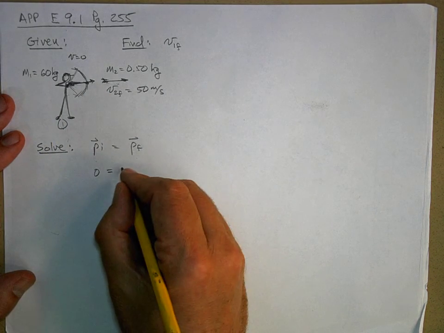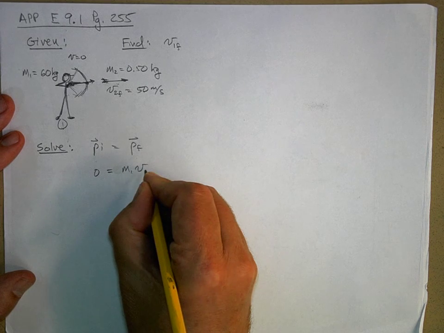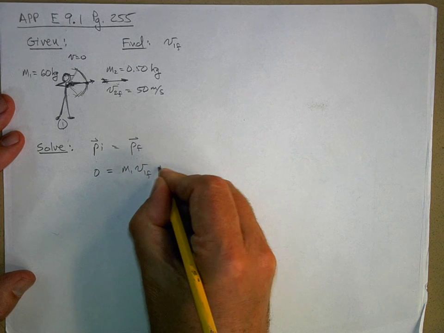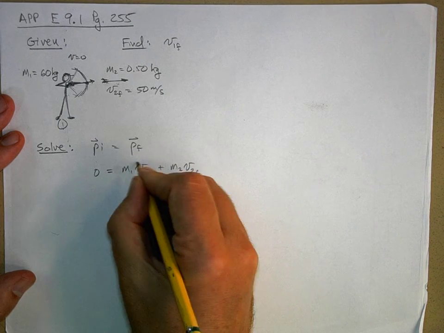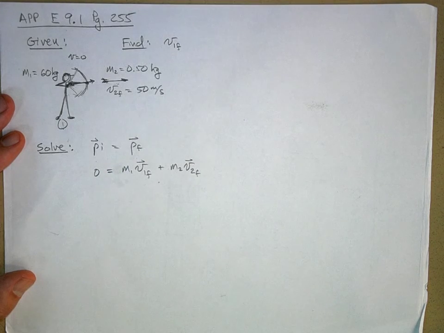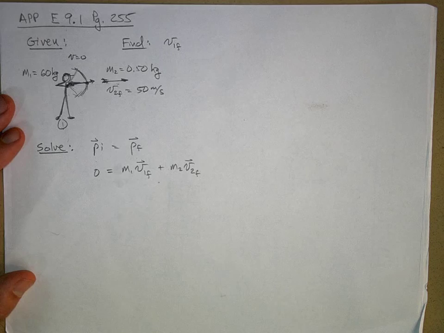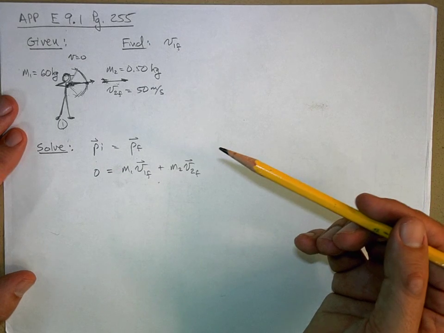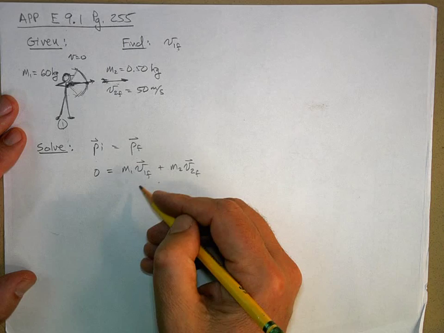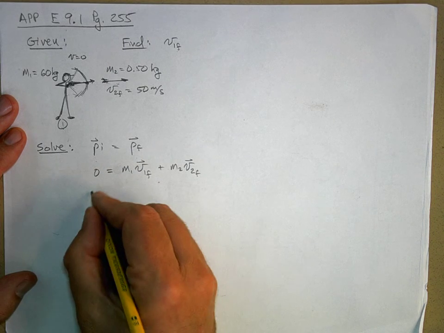So zero is equal to M1 V1 final plus M2 V2 final, with little vector arrows on there. And what we're trying to find is V1 final, so let's solve for V1 final.